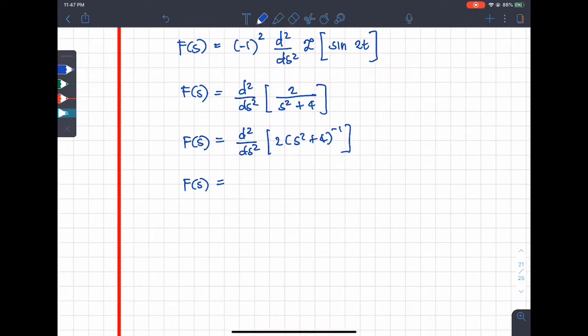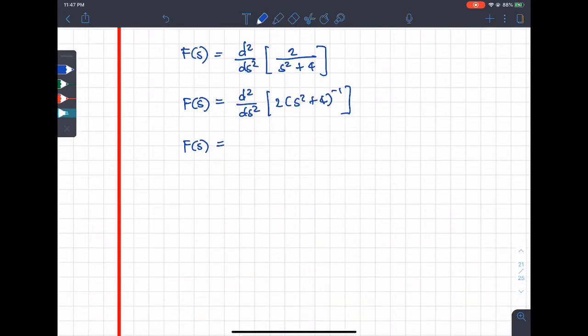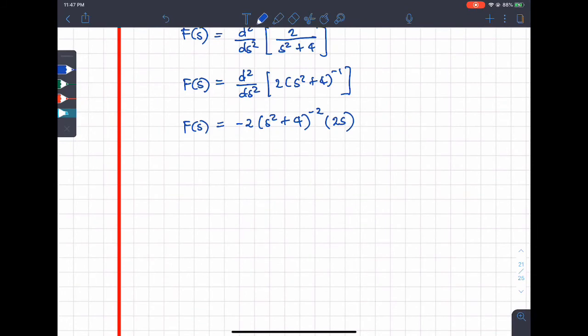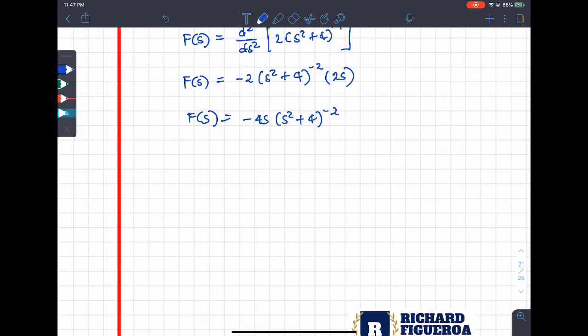So the first derivative then would be negative 2, then s squared plus 4 raised to negative 2, and then we have the derivative of s squared to be 2s. And thus, our F of s then would be negative 4s, s squared plus 4 raised to negative 2.